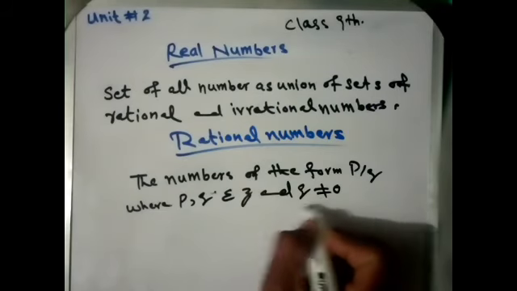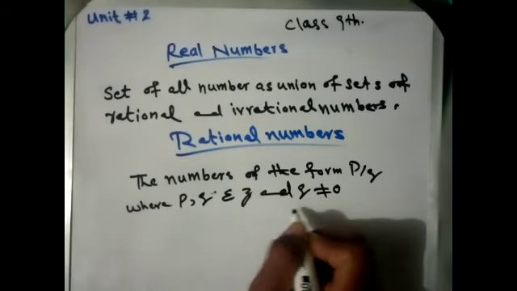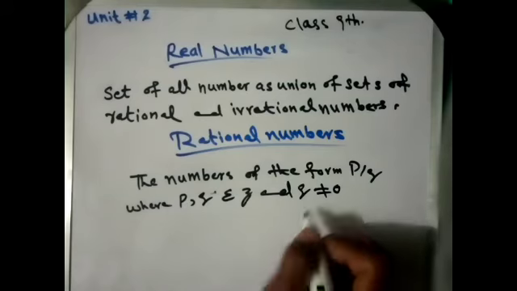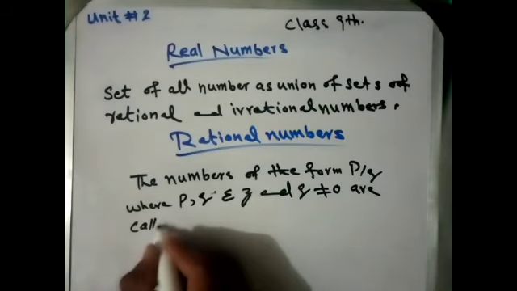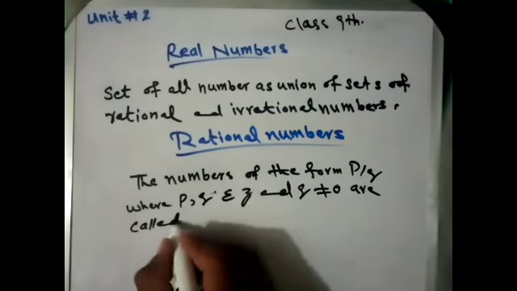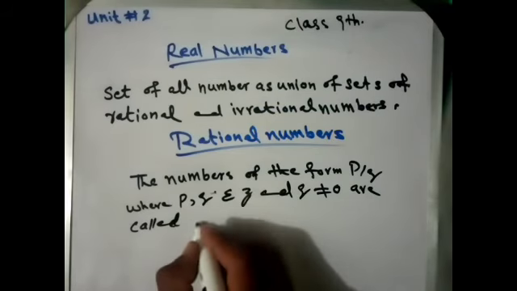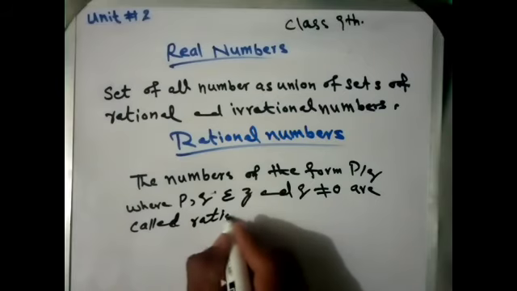These numbers are called rational numbers.